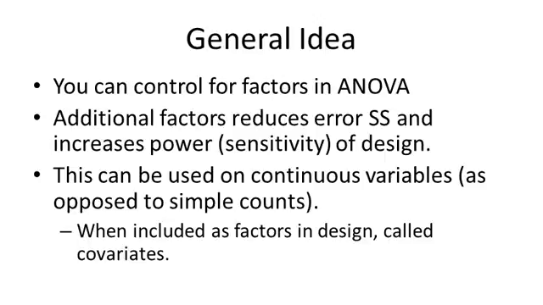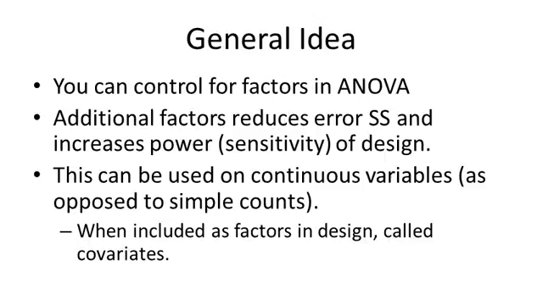Now, moving on to analysis of covariance, or ANCOVA. The general idea is that you want to try to control for some of the factors in your ANOVA. We know that if you add in additional factors, you can reduce the error sum of squares, which in turn increases the power or sensitivity of your design.